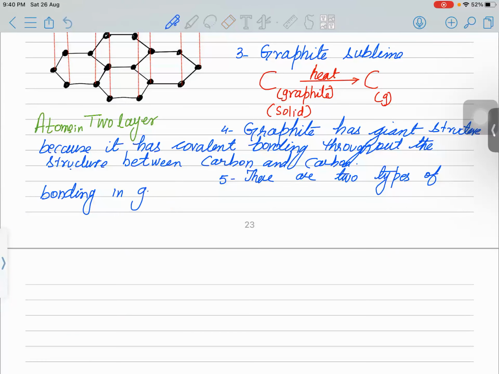There are two types of bonding in graphite, right? What are they? Covalent and van der Waal.